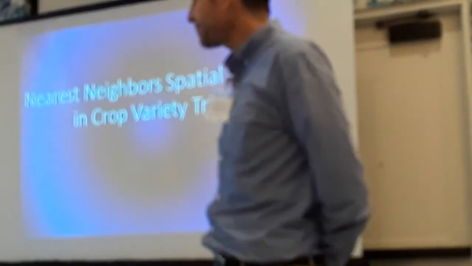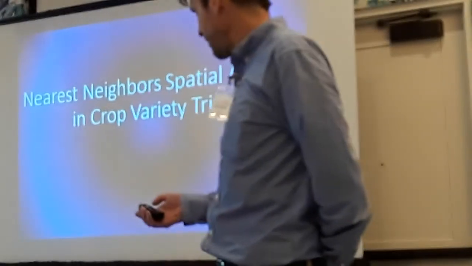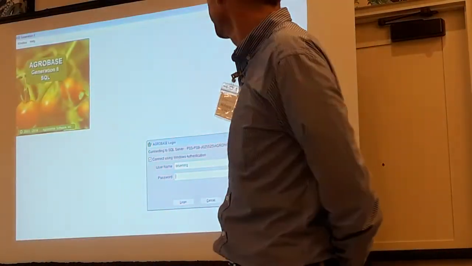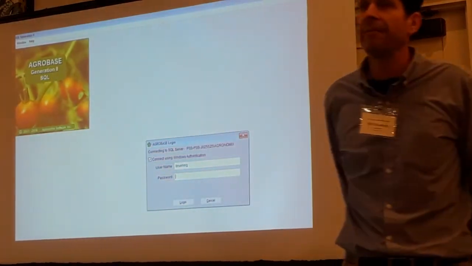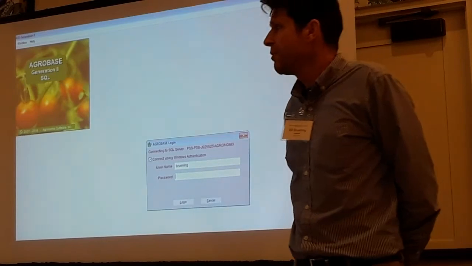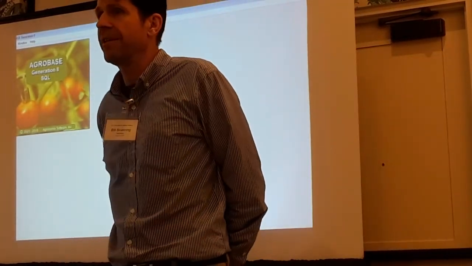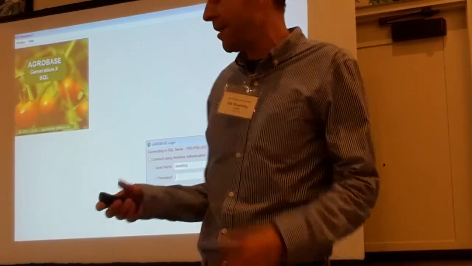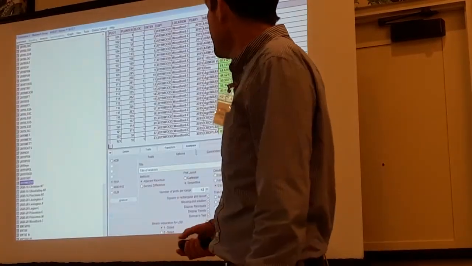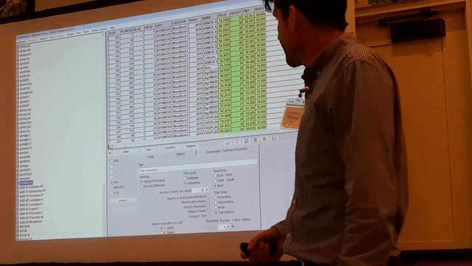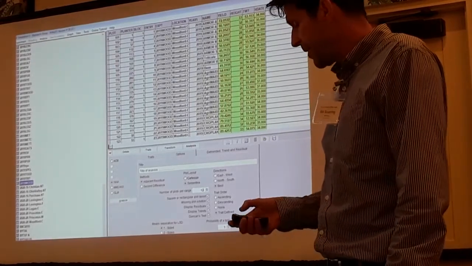Last year at this meeting, I was talking with Dieter Mulitz from Agribase, and I'm an Agribase user. We were talking about this nearest neighbor analysis and ways it can help account for field variability. I did some work this year with it.